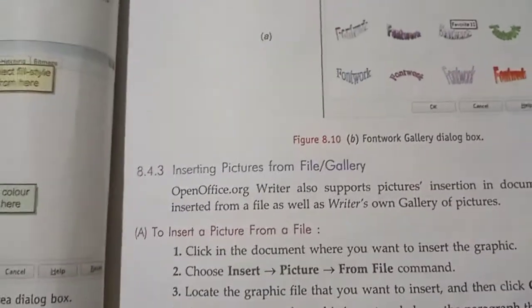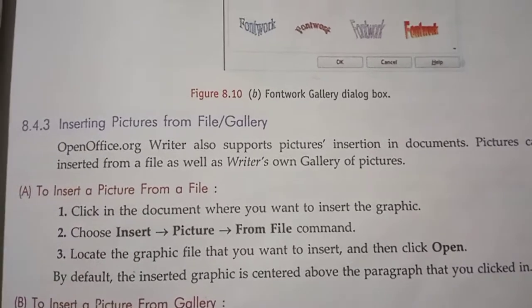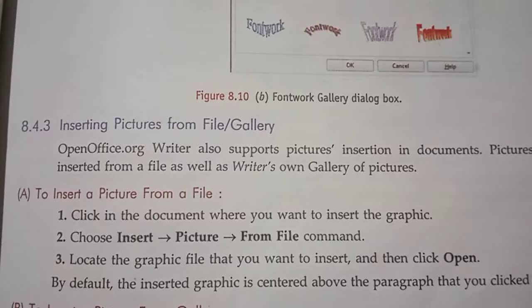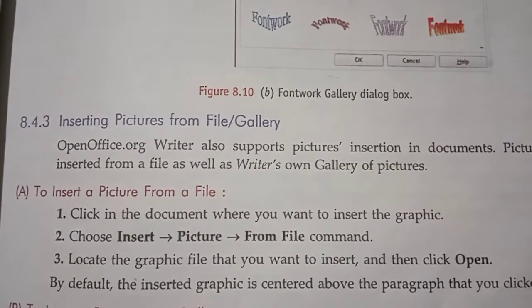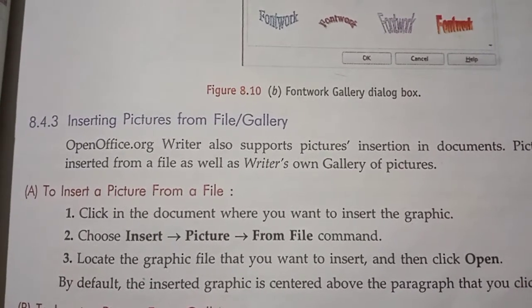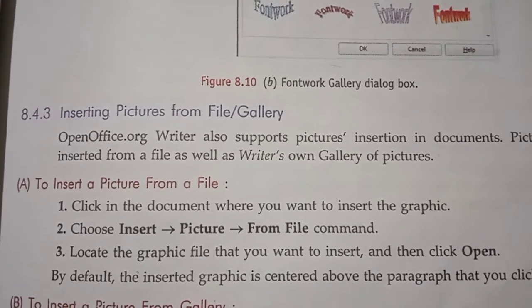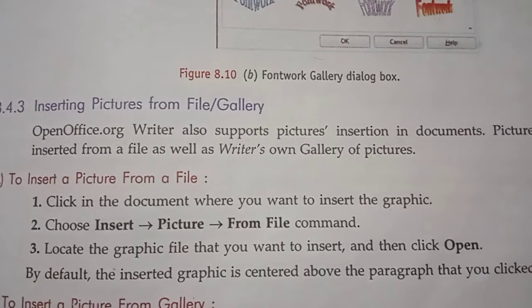Next one, 8.4.3 inserting picture from file gallery. So how to insert a picture from file or gallery? First click the page where you want to insert the picture, then insert a picture, then the from file command, then choose the graphic file, then click open.